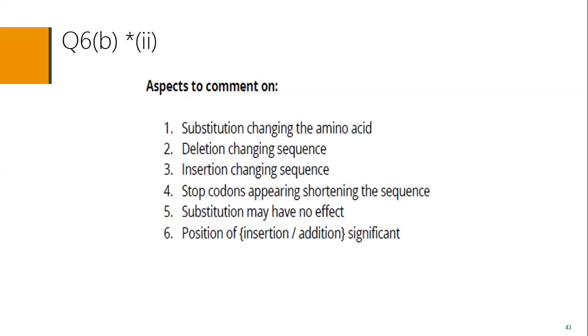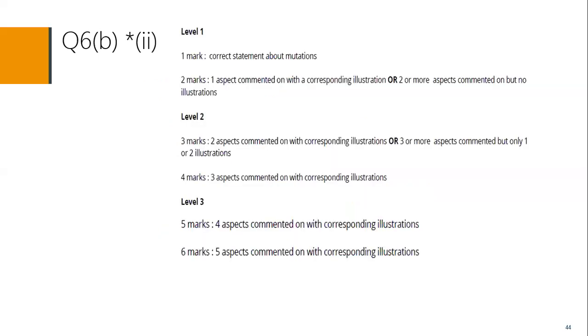So if we go back to the aspects, substitutions change the amino acids, etc. One aspect commented on with a corresponding illustration from the information they've been given, or two or more aspects commented on, but no link to the information they've been given.